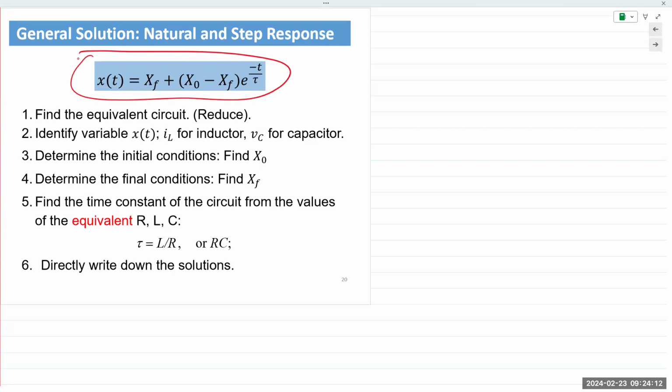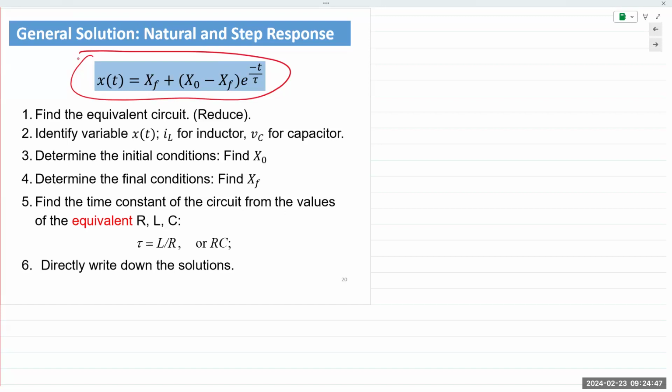Where x of t, x is a quantity. That quantity can be either voltage or current. x of t is given by xf plus x0 minus xf, into e raised to minus t over tau. x can stand for current, and it can also stand for voltage. f and 0 represent final and initial values respectively.